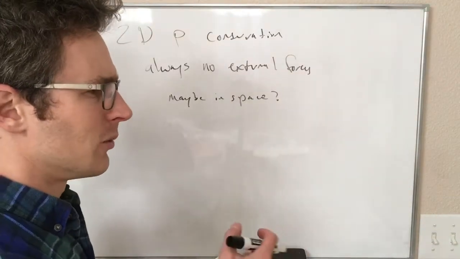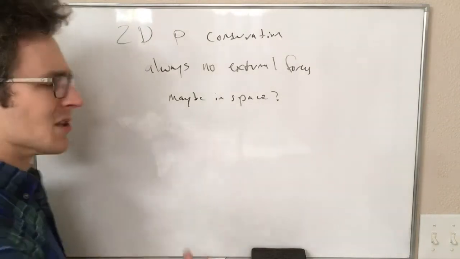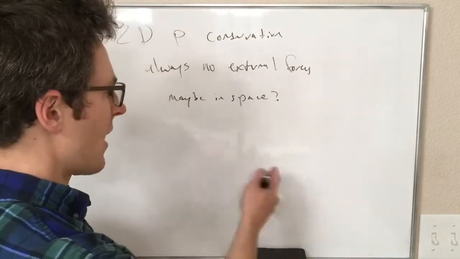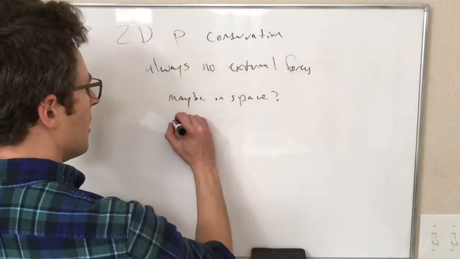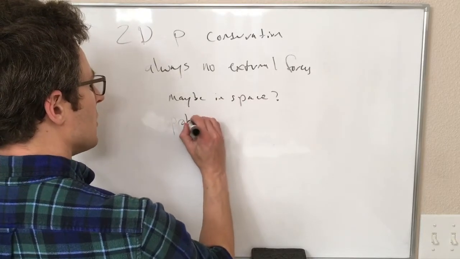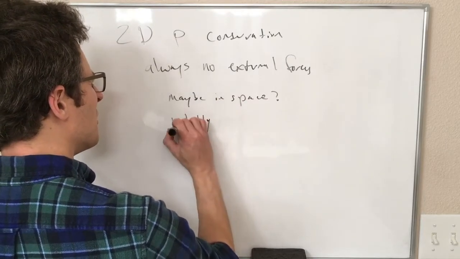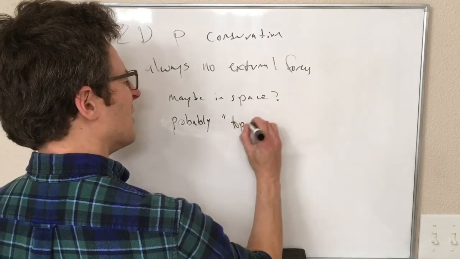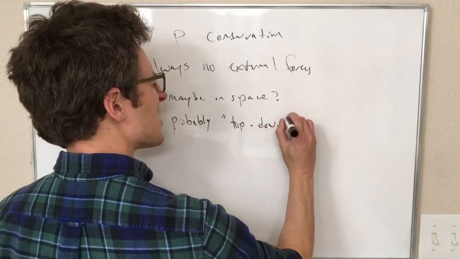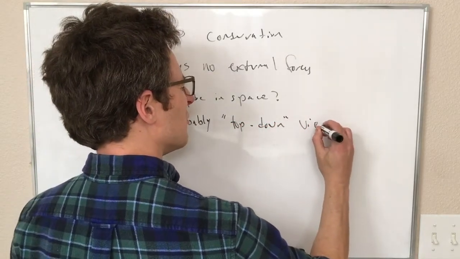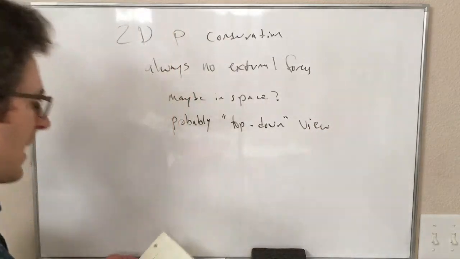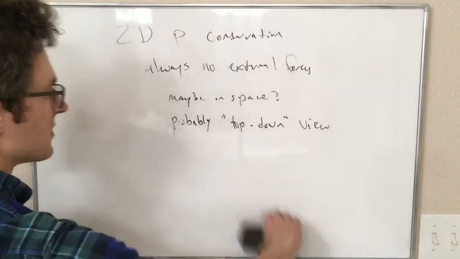So whatever gravity we have is like in the into the board direction, and it doesn't affect the x or y motion of our objects. So I'll say our problems will probably be what I would call a top-down view. And so you'll see what I mean by this with our example.